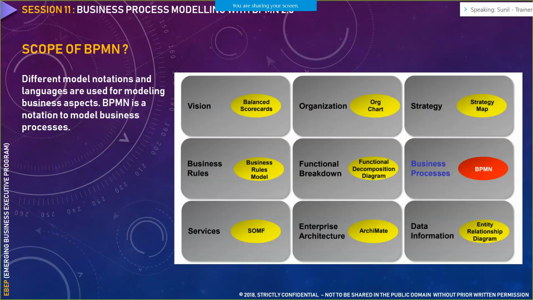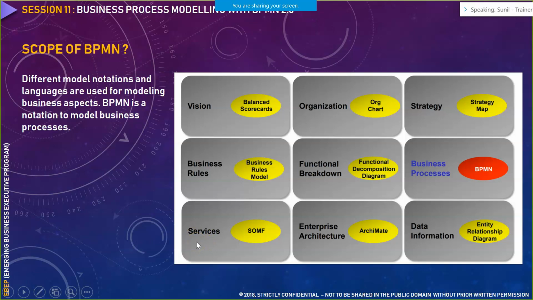Then we have the business processes, wherein we understand who is responsible for doing what activities. And then we have the services, wherein if there are any third party systems being called in this particular system boundary, those services are depicted in business process modeling notation with the help of services.